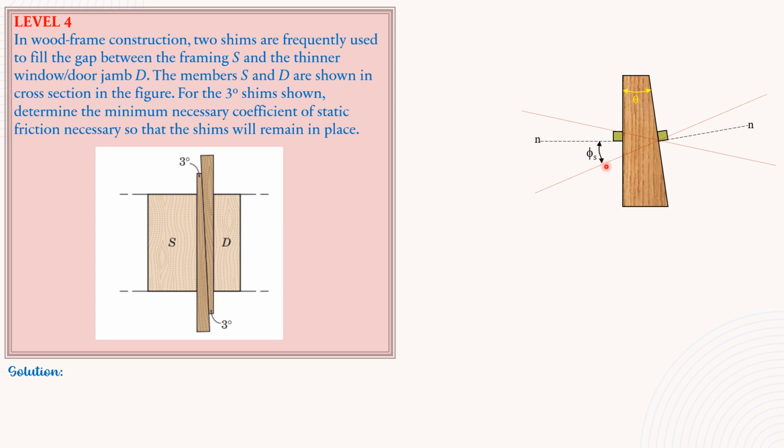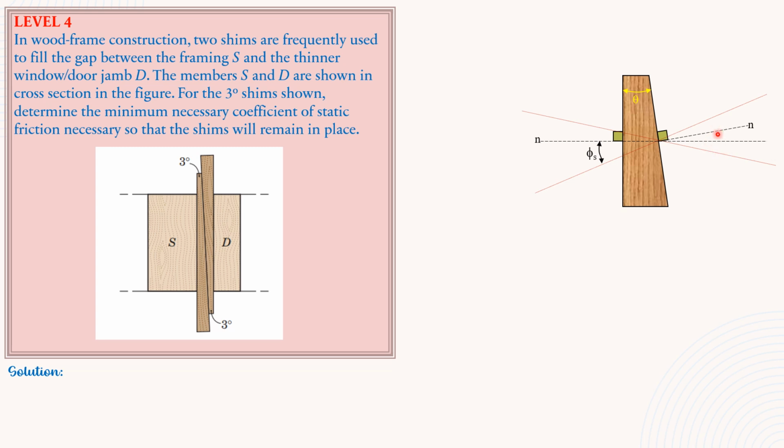And we have the normal axis, and this is the normal line to this plane or surface, and this is the line of action of another resultant force, friction and normal force.